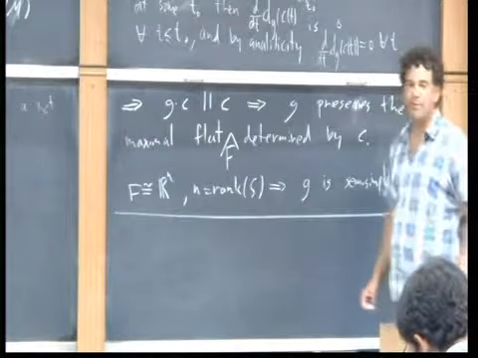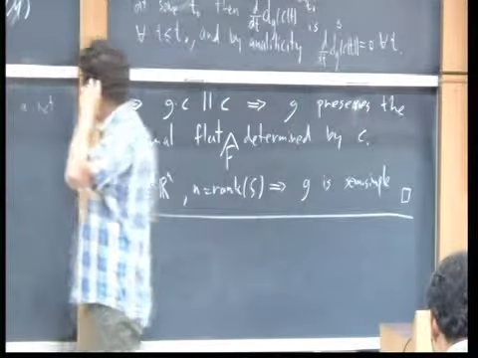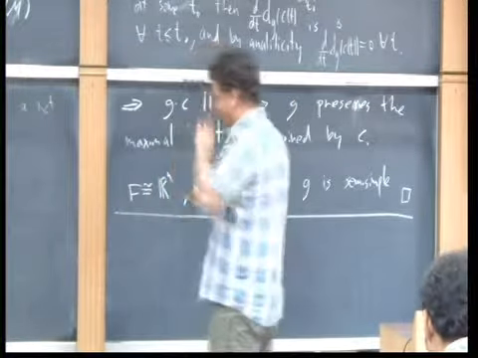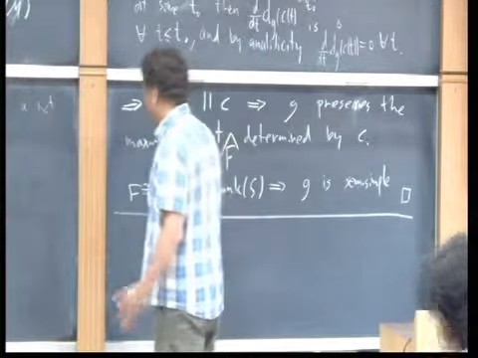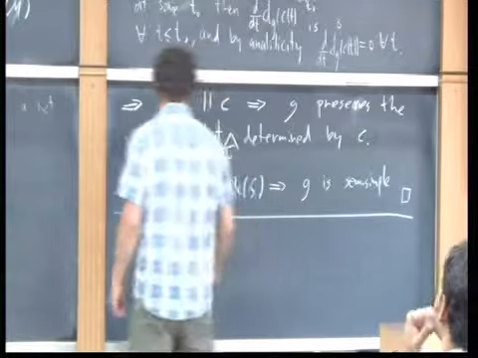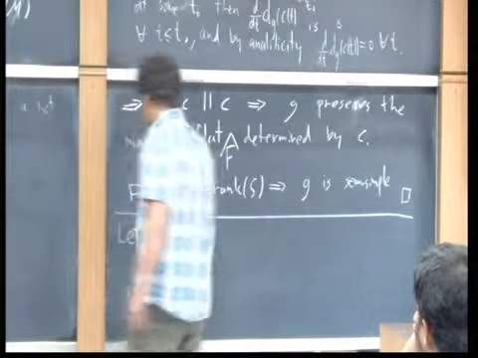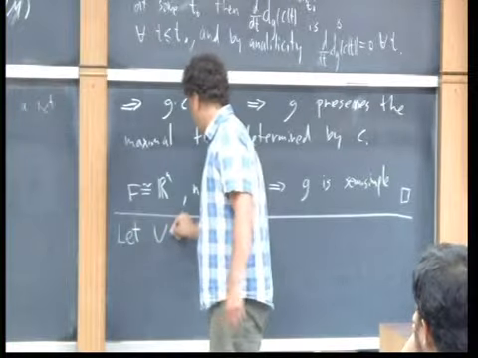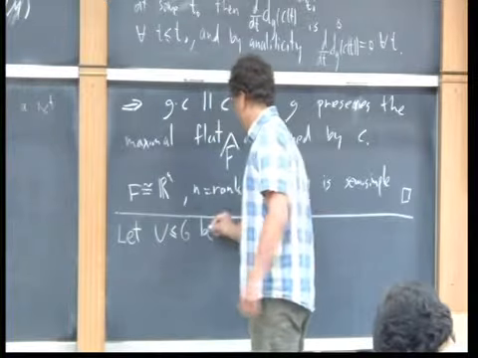Now I'm going to define beta. The function beta and the constant C I will define in a minute, and the constant, the direction n. So let U inside G be a maximal unipotent subgroup.